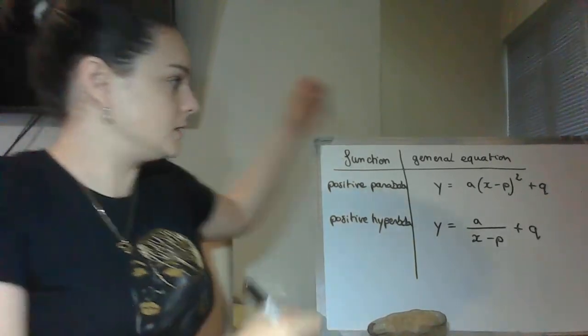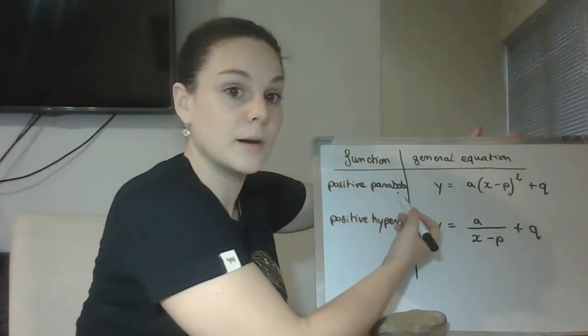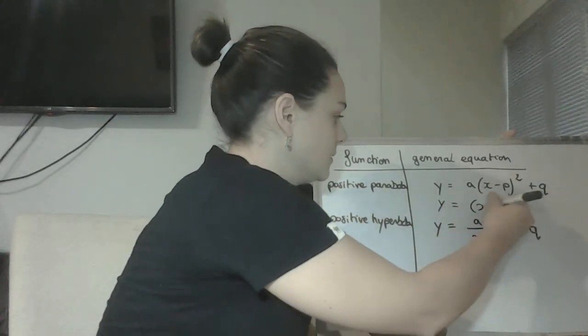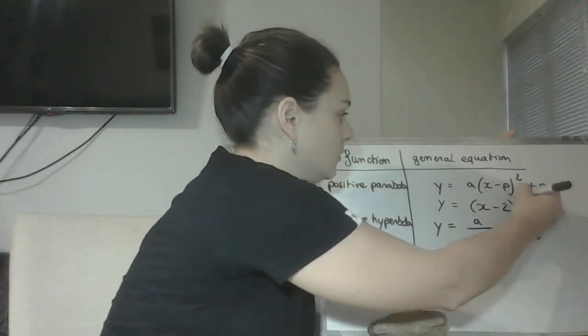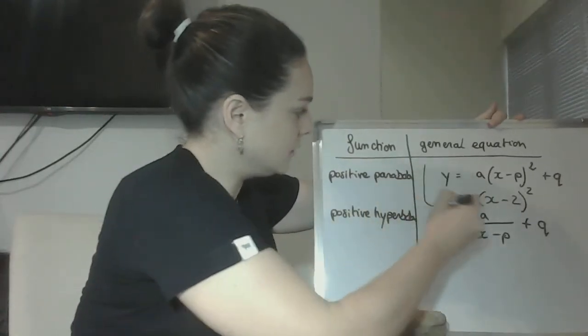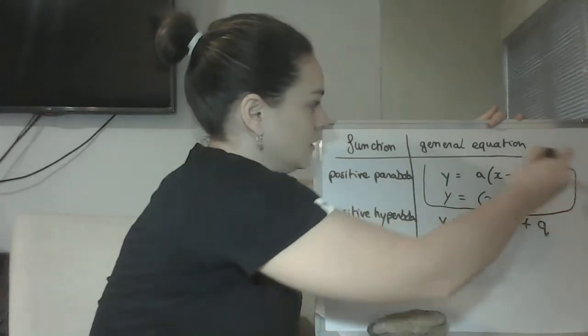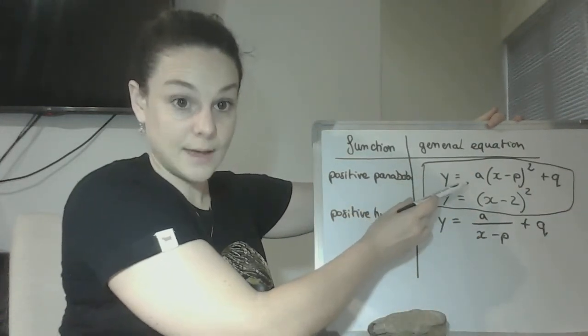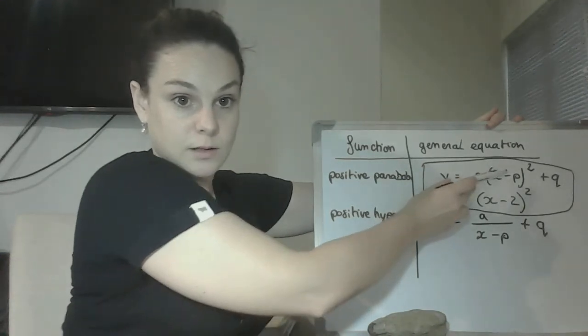Now, we want to draw the green line that has for equation y equals (x minus 2) squared. So we are in the positive parabola, but we want y equals (x minus 2) squared. Here we're going to compare this equation with the positive parabola equation, which is a(x minus p) squared plus q.